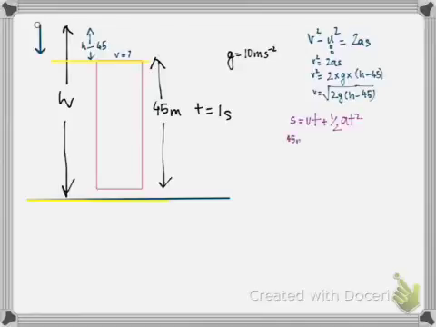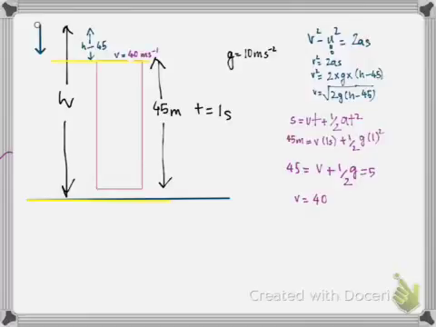So when we replace s is equal to 45 meter, we keep u as v, t is 1 second, plus half g and t square, that is 1 whole square. So we get 45 is equal to v plus half g. Now we put the value of g, we get half g is equal to 5. Therefore v is equal to 40. Therefore we get the velocity at this position, at the top of the building, as 40 meter per second.